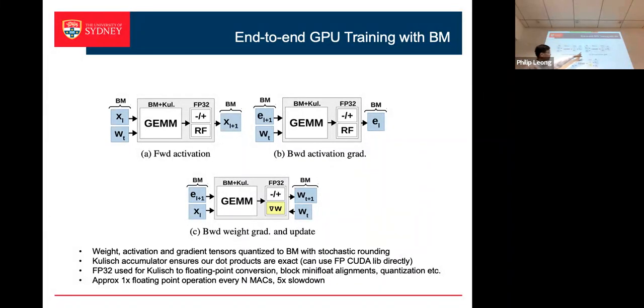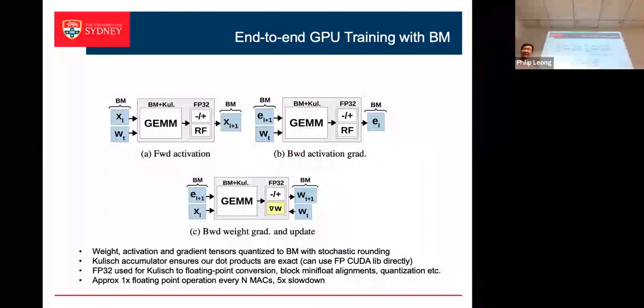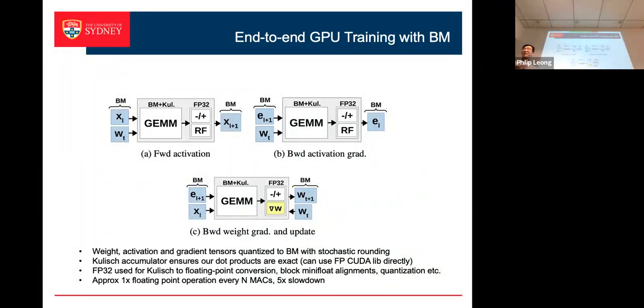We do similar things for the back propagation with respect to the gradient and the weights, as well as the weight update. And we do approximately 1 floating point operation every, actually this should be n times n multiply accumulates. There's a 5 times slowdown in doing training with block Minifloat compared with FP32, which is actually a lot better.